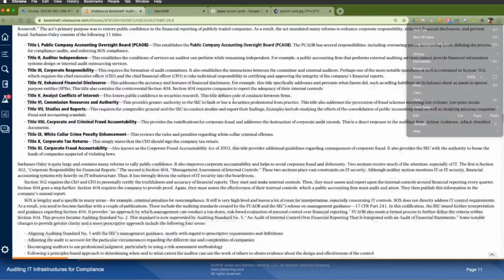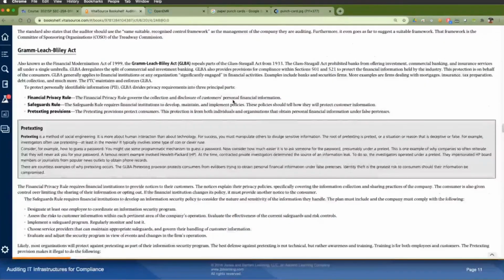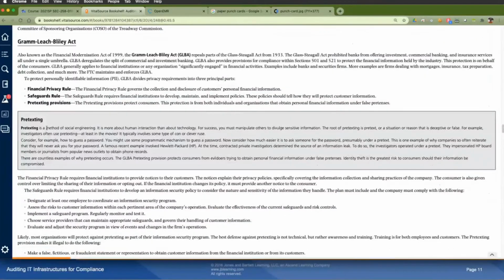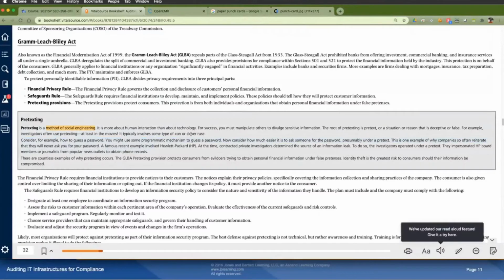I know. Let's see. Pretexting is a method of social engineering. So just think of social engineering when it's more about human interaction and you must manipulate others to divulge sensitive information. The root of pretexting is that the pretext, or the situation or the reason that you're trying to get the information, is false, right?